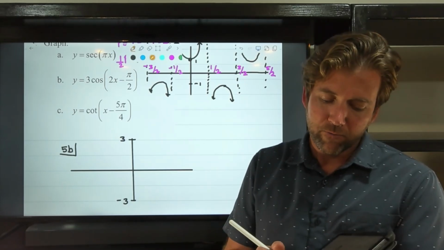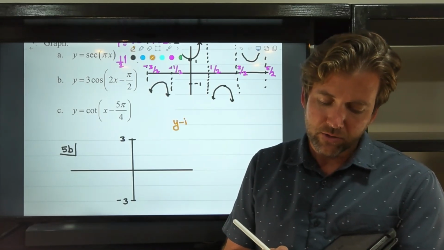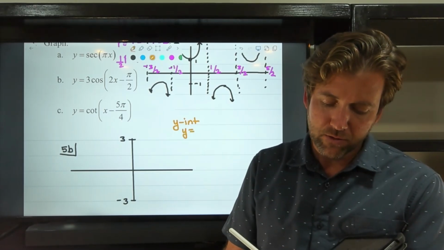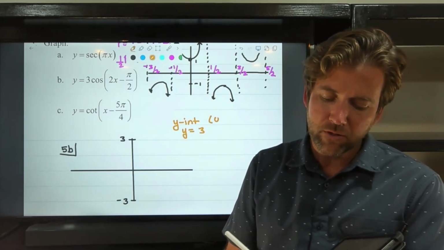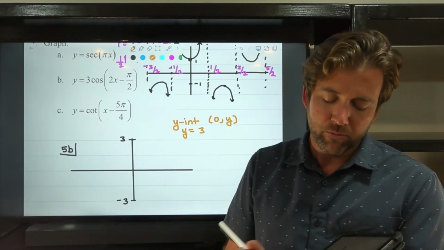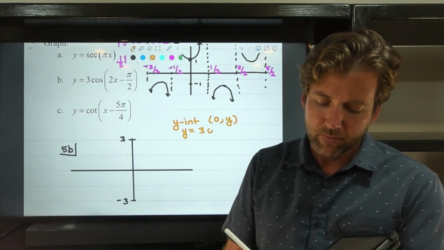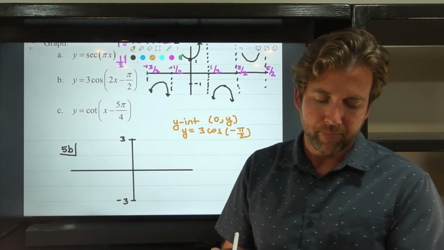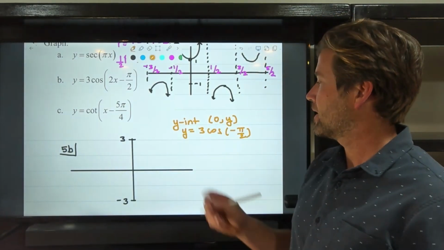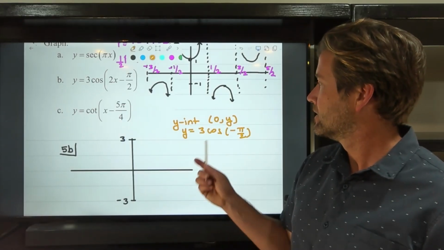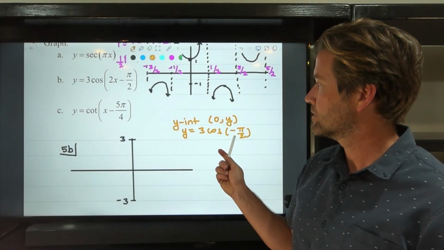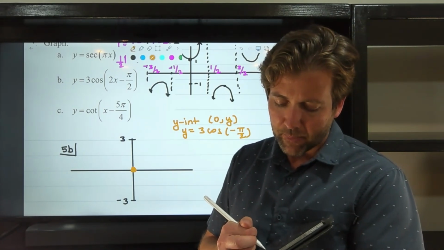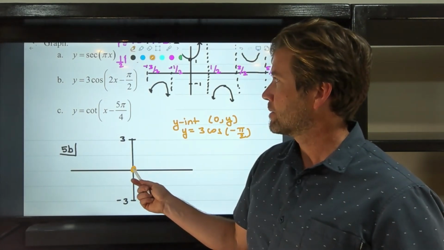Now, my preference is to find the y-intercept first by plugging in 0 for x. So to find the y-intercept, you know x is 0. So we plug in 0 for x, and we get the cosine of negative pi over 2. The cosine of negative pi over 2 is 0. Times 3 is 0. So this intercept is here.